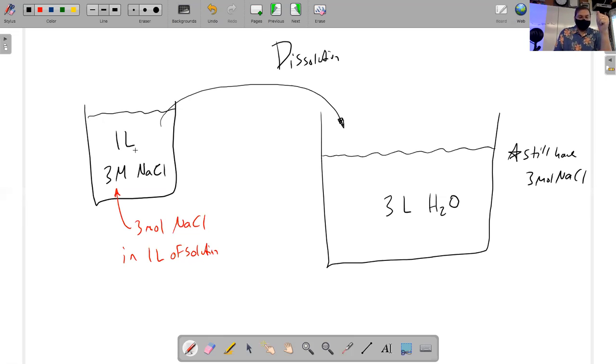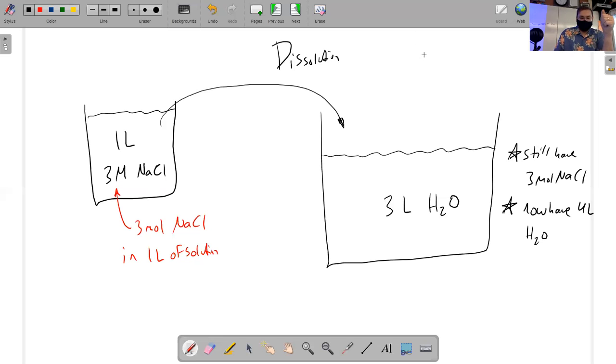But as a result of dumping this solution into pure water, I now have a larger volume. I now have 4 liters of water. So what has changed isn't the quantity of salt, but it's the volume of the whole solution. And as a result of that, the concentration will be less.